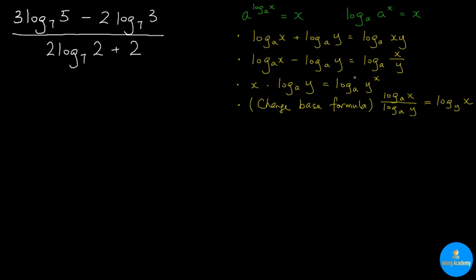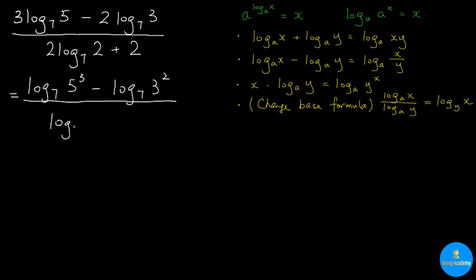Using this identity on these 3 terms, we get log base 7 of 5 to the power 3 minus log base 7 of 3 to the power 2 divided by log base 7 of 2 to the power 2 plus this term 2.